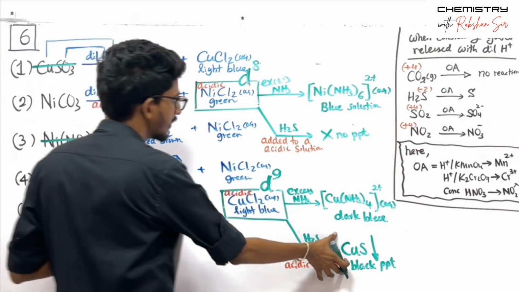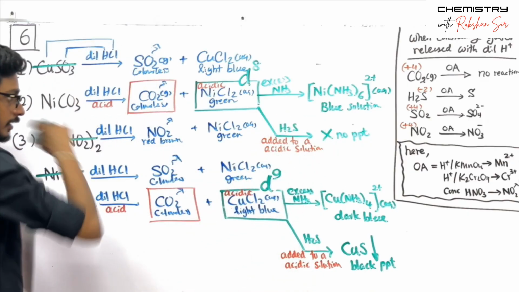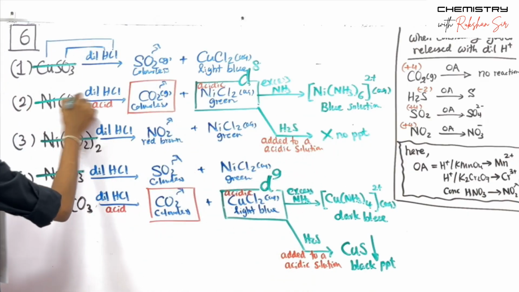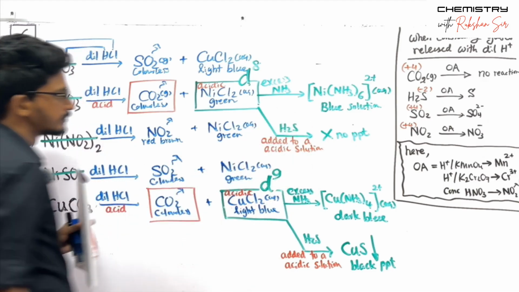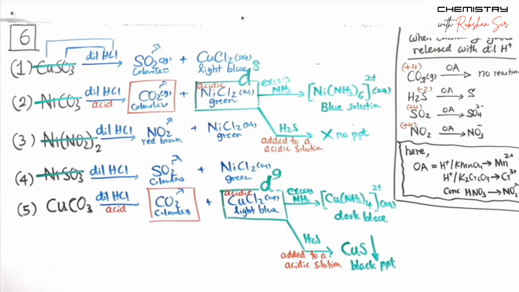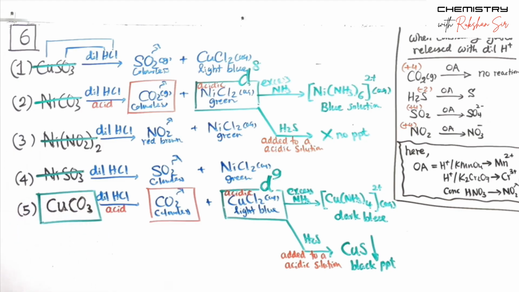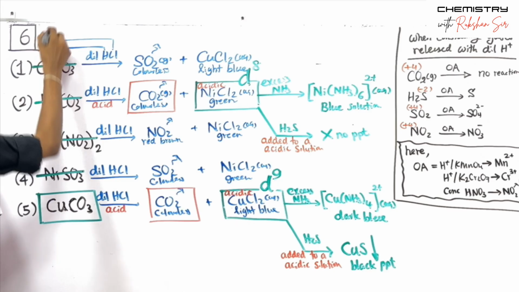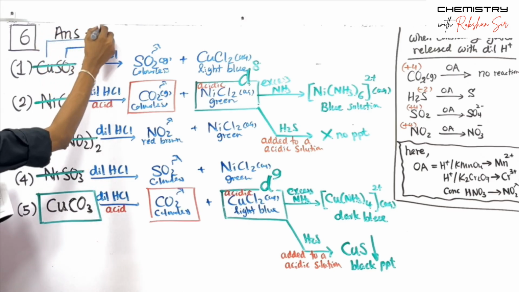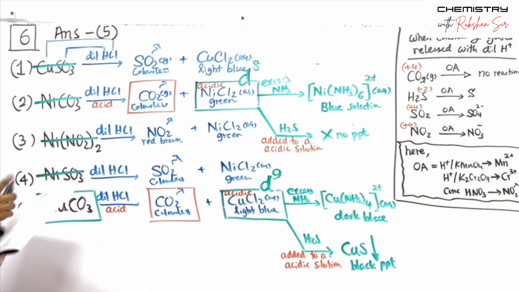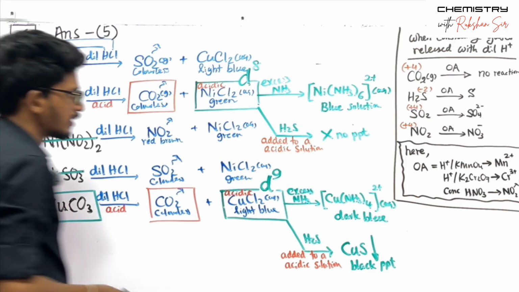So that is copper, not the nickel. You don't have a precipitate with the nickel, as it is group 4. So your answer is copper carbonate. Answer is number 5. Right, so just do the working.